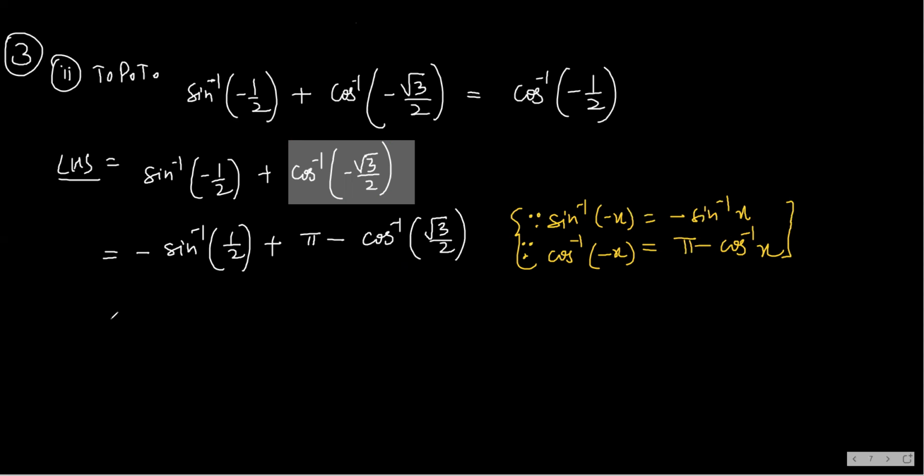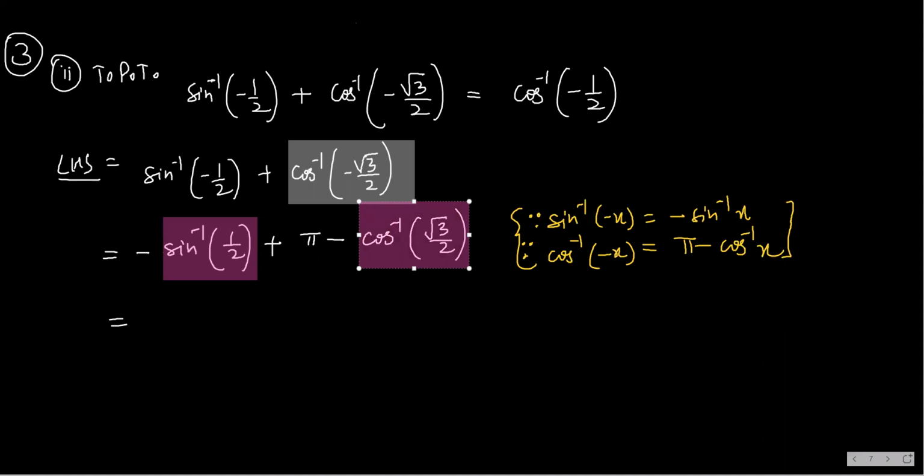Now see the next step. As you know, these all are angles. So here I write negative pi by 6 plus pi minus pi by 6.